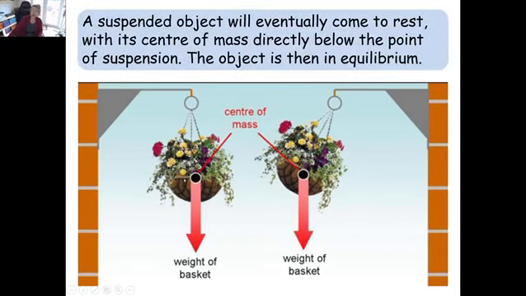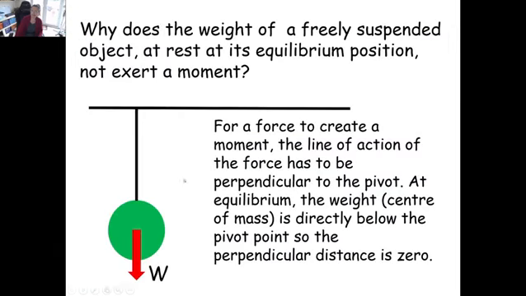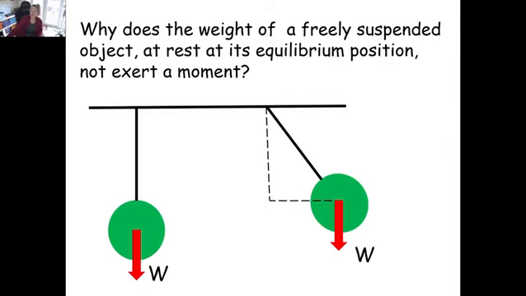So why would a suspended object come to rest at its equilibrium position, and why doesn't it exert a moment? Well, you can see here, when the object is suspended at an angle, you're going to have the weight acting straight down, as it always does, and that's creating a tension in this rope here.